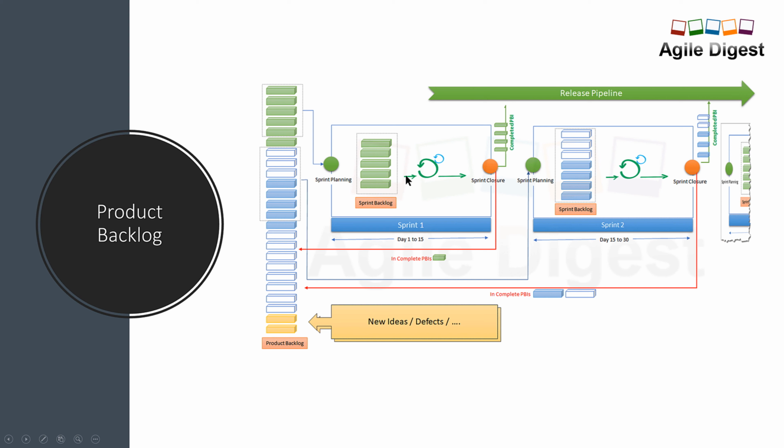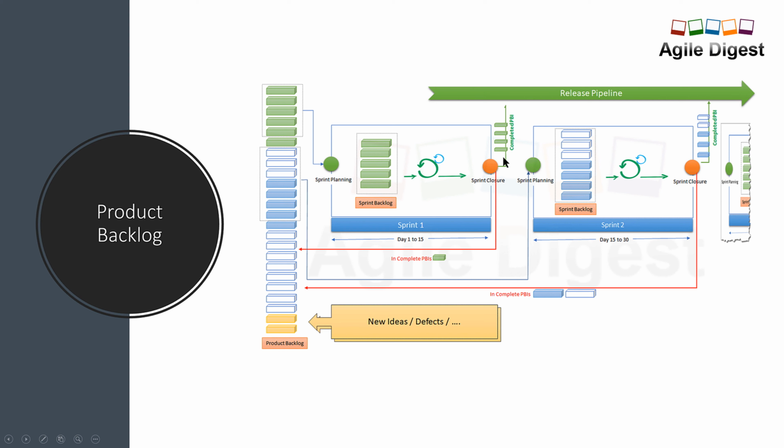After the sprint planning, we will execute our sprint, and once we close the sprint at the time box of 15 days or whatever your sprint duration is, the completed stories go back to your release pipeline, or are mapped somewhere in the DevOps pipeline, whatever pipeline you have, and we treat them as completed and ready to go. The incomplete stories go back to the backlog, or the product owner can decide whether they need to go to the next sprint or stay in the backlog.